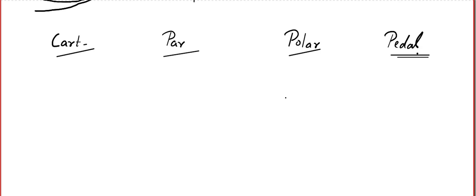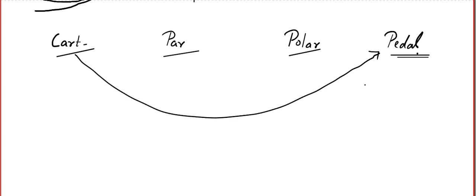And sometimes when I check the question paper, I saw that they even ask, find the pedal equation. That means they will ask you to convert Cartesian equations into pedal equations, or maybe even polar equations into pedal equations. So the questions that we are interested in are finding the radius of curvature, of course in Cartesian form, parametric form, polar form, pedal form.